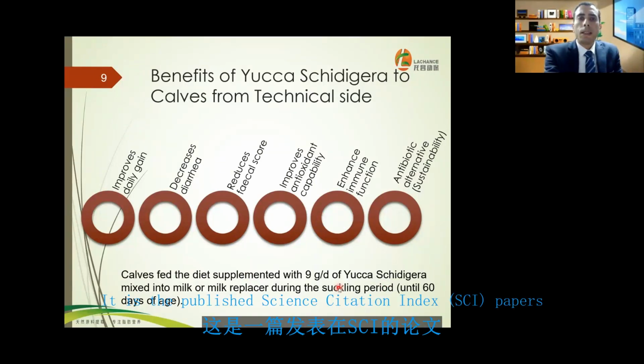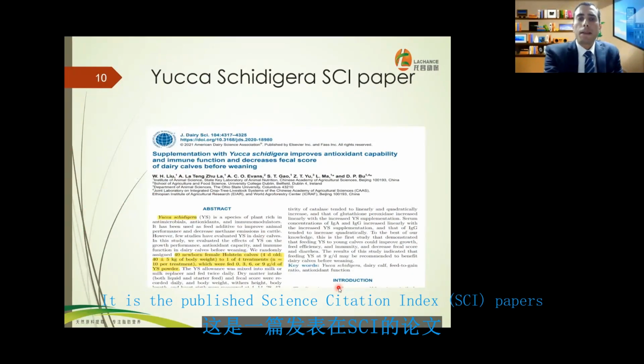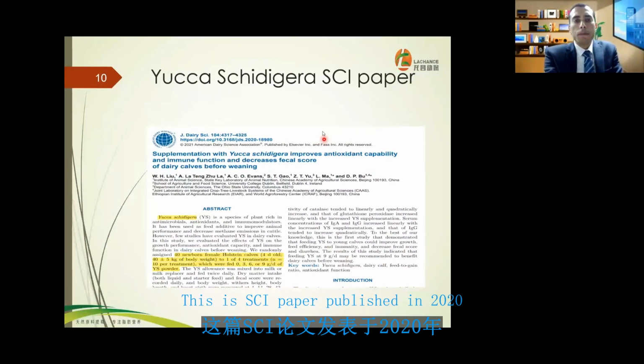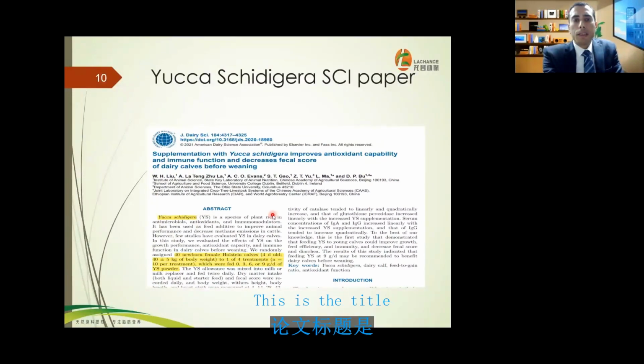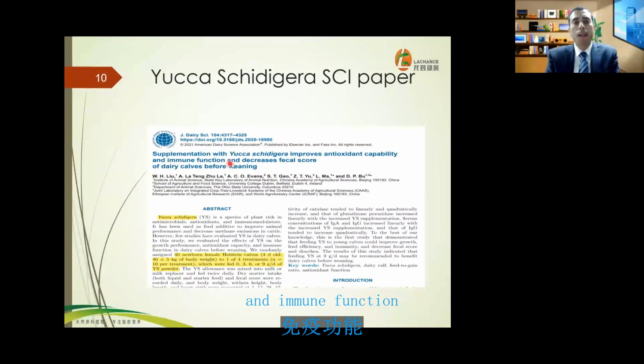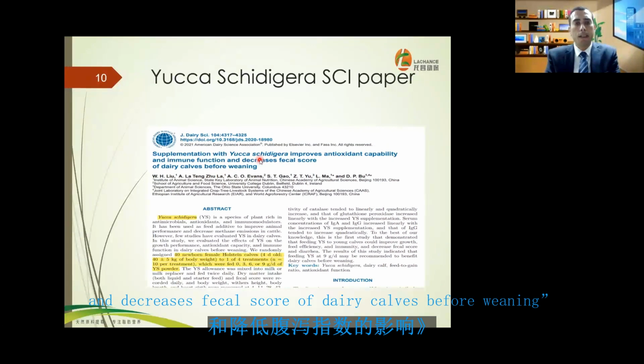And here is the published SCI paper, published in 2020. The title is: Supplementing Yucca extract improves antioxidant capability and immune function and decreases fecal score of dairy calves before weaning.